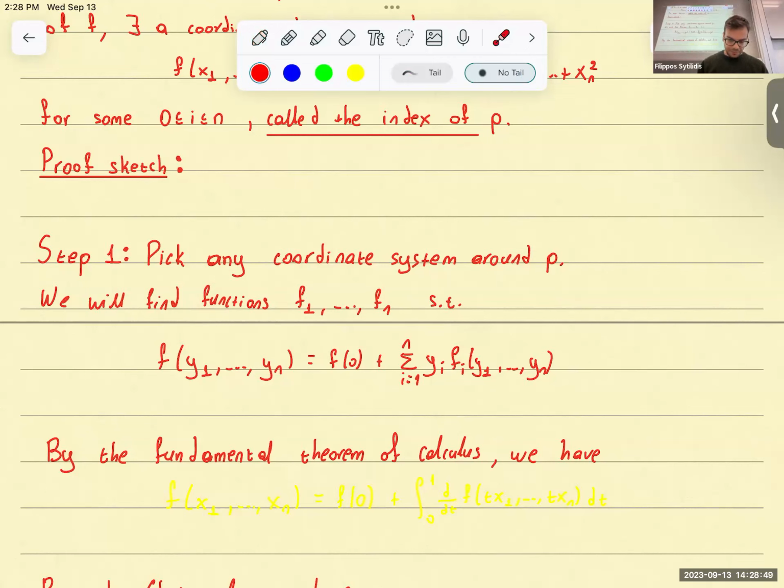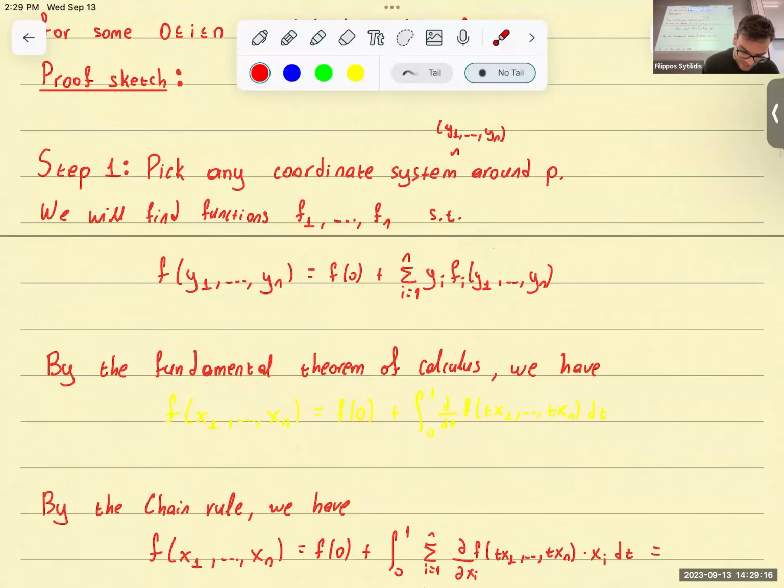So my coordinate system is y1 up to yn, and I want to find functions fi that will allow me to write my function f in this form: f0 plus a sum of yi times a function that depends on y1 up to yn.